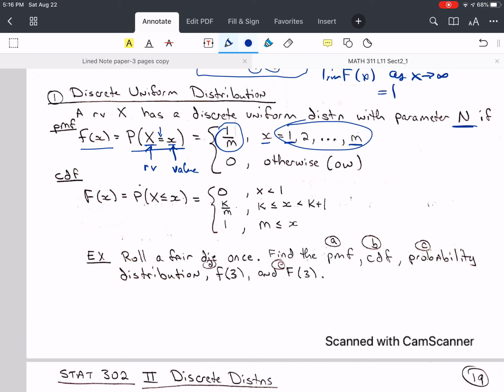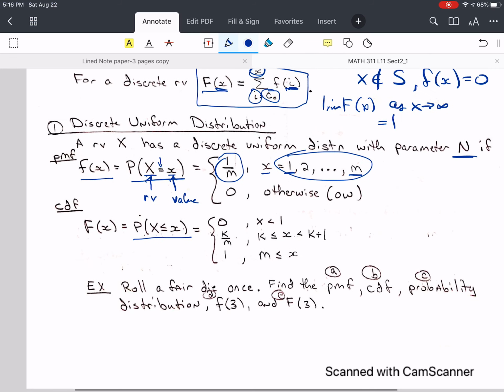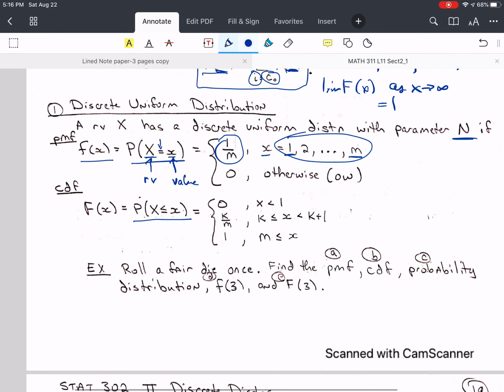And then the CDF, capital F of x, is again the probability that the random variable X is less than or equal to some value x. For this, because we are defining this discrete uniform as starting at 1, now we can define it not starting at 1, and then this changes, but this is basically the easiest case.